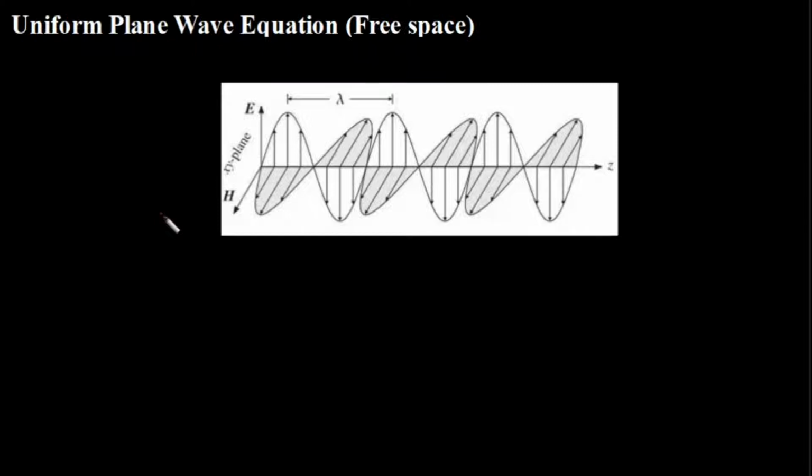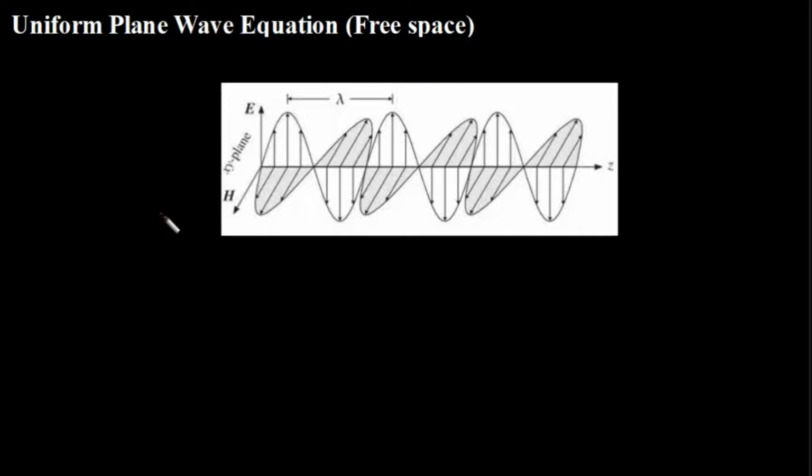Now what is this uniform plane wave? See, already a wave is formed under the effect of this electric and magnetic field lying in the same plane, and if this wave has amplitude and phase, both phase and magnitude, constant over this entire plane, then I can say that it is a uniform plane wave. The concept is the same.